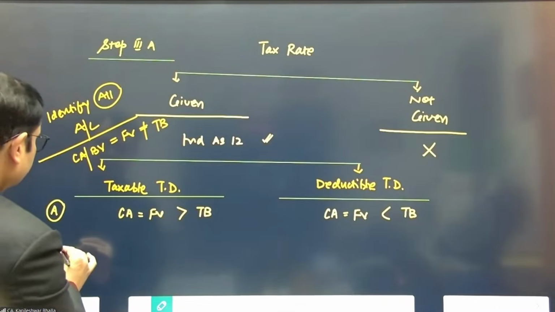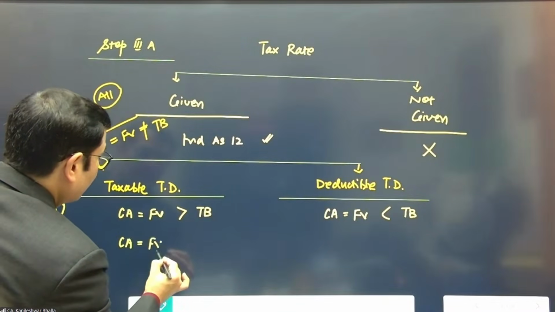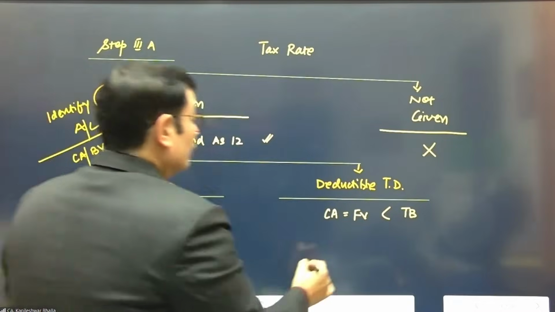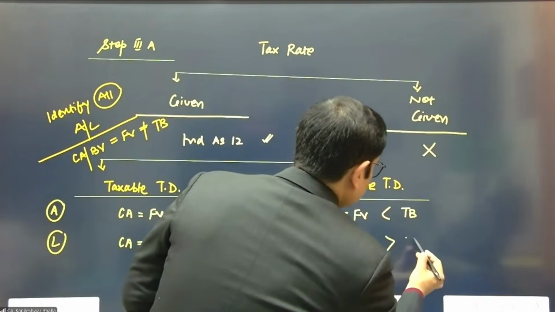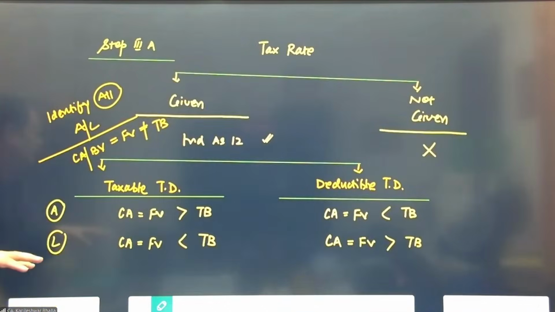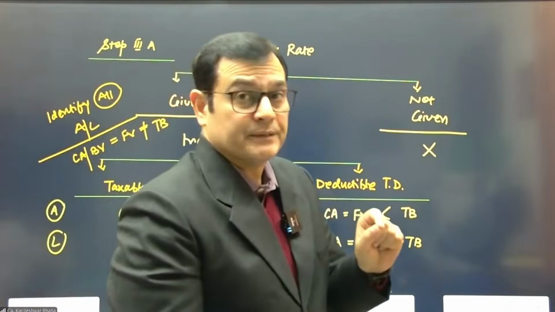And if you're talking in terms of liability, then for a taxable difference the carrying amount, which is equal to the fair value, is less than the tax base, and for a deductible difference the carrying amount is greater than the tax base. So you need to be very clear which differences are taxable and which are deductible for assets and liabilities.